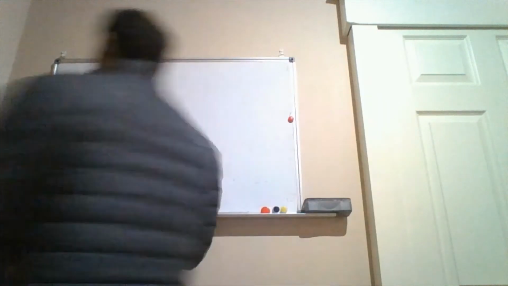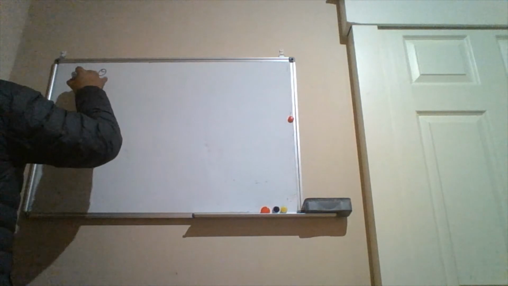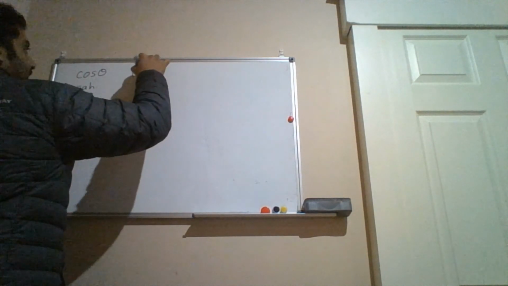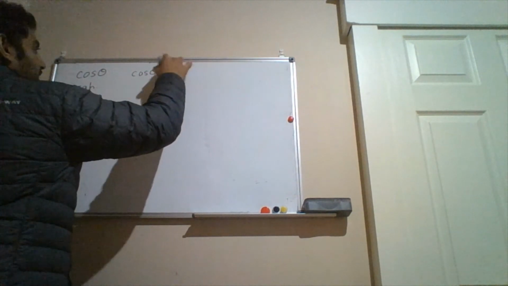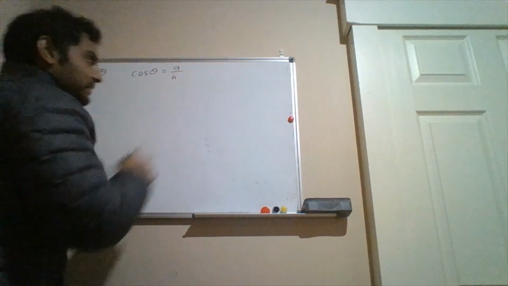So now we move on to the standard cos graph, and we're going to once again have intervals of 90 degrees. So cos has the rhyme CAH from SOHCAHTOA, and cos of theta equals adjacent over hypotenuse.